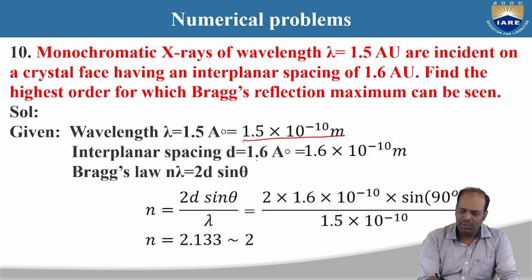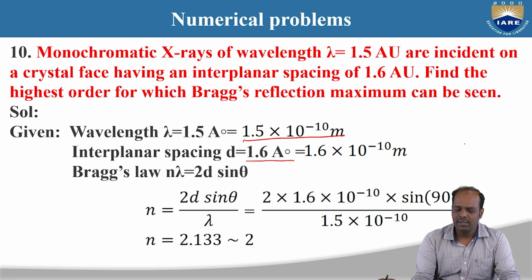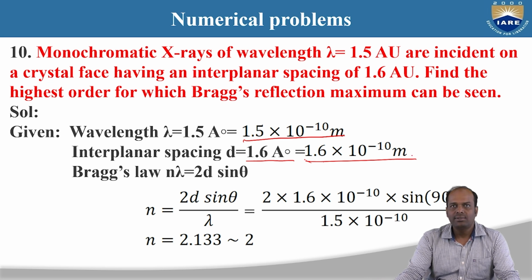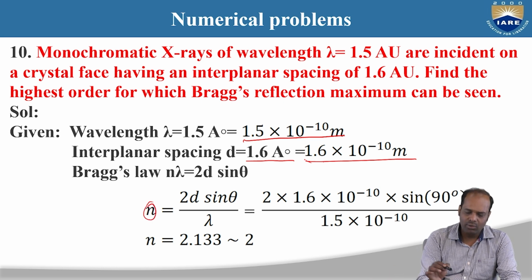So interatomic spacing also, 1 angstrom is equal to 10 to the power of minus 10 meters. So 1.6 into 10 to the power of minus 10 meters. Finally, Bragg's law, what they are given, and find the highest order for which Bragg's reflection maxima can be seen. So they are asking for n is equal to how much?